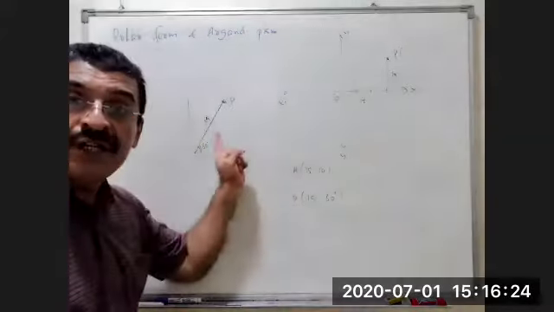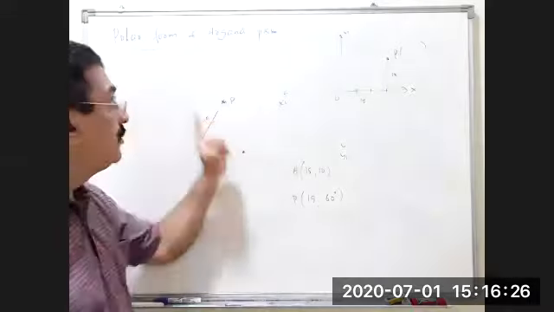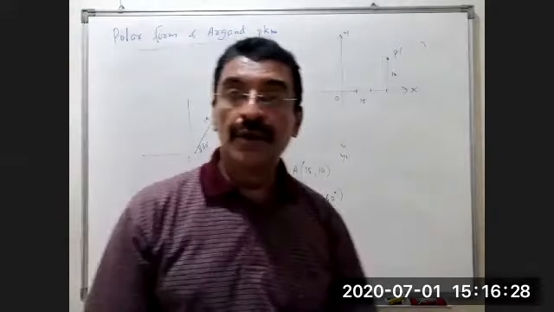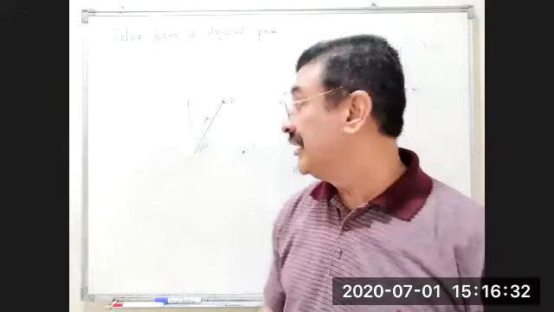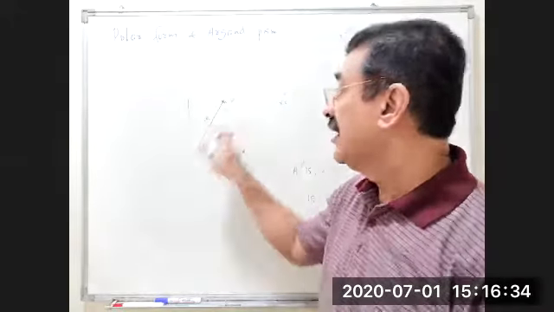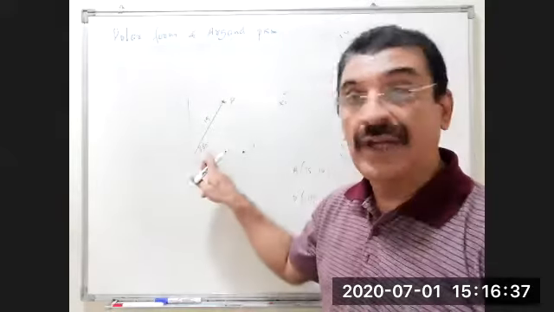Representation of a point in this way is called the polar form. So in polar form, instead of x and y coordinates, we have this length OP and this angle.